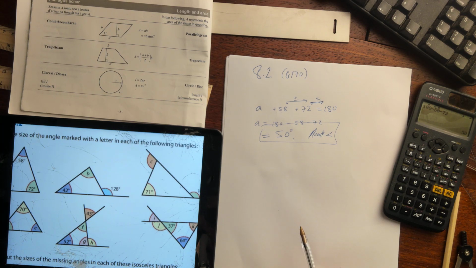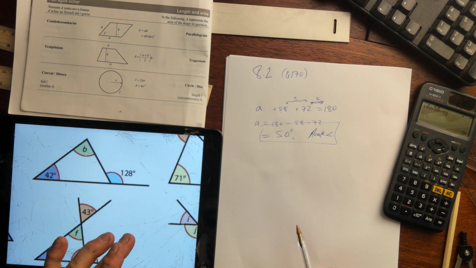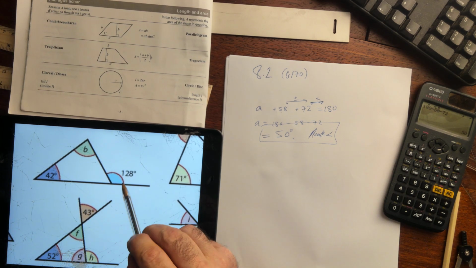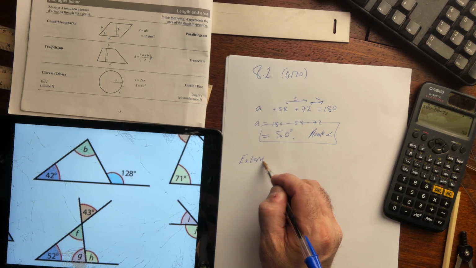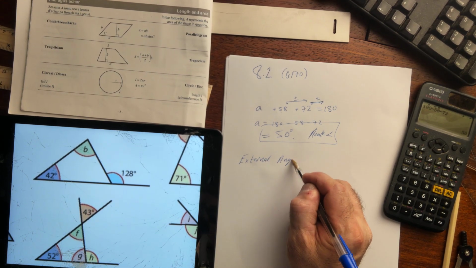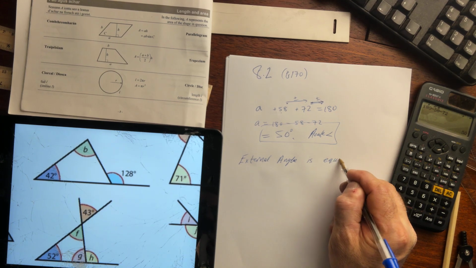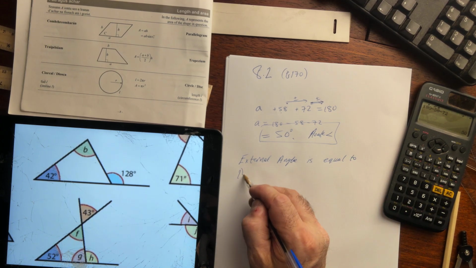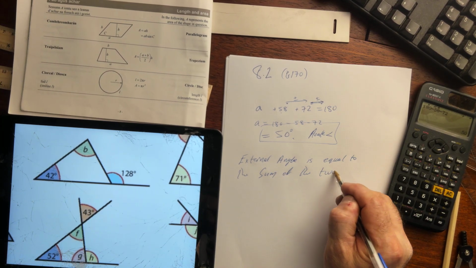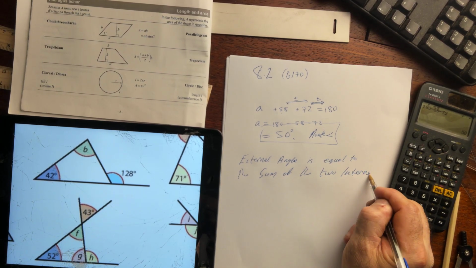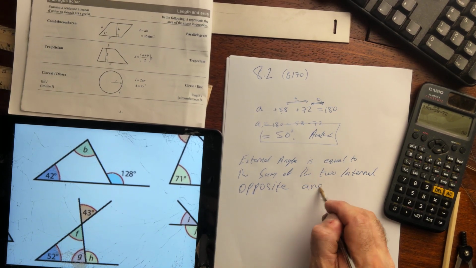Now we move on to this, and we have to figure out what's the big idea in the maths. The big idea is external angle is equal to the sum of the two internal opposite angles.